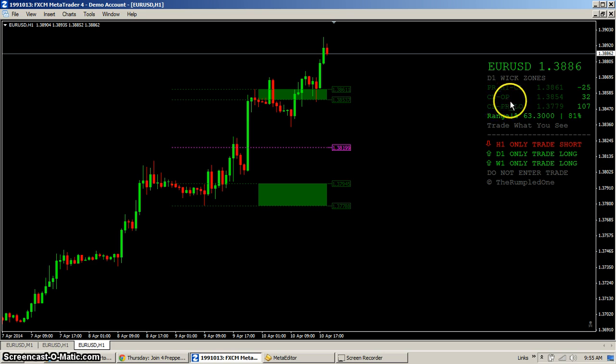I also put in close minus open. This is the open price. This is the number of pips away from the open. So right now, price is 32 pips above the daily open, which this line here is the close of yesterday.